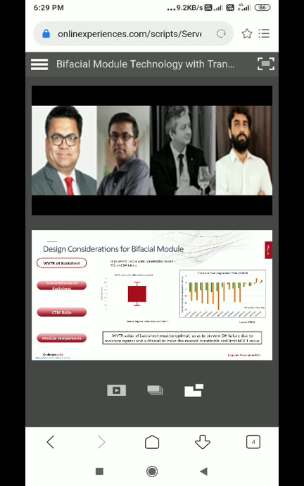And the graphic on the right shows the DNV-GL data on damp heat results of different backsheet materials. This doesn't include Vikram Solar, but it includes a lot of our competitors' data.